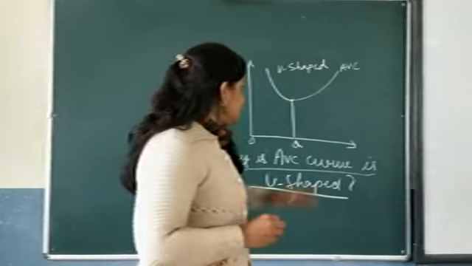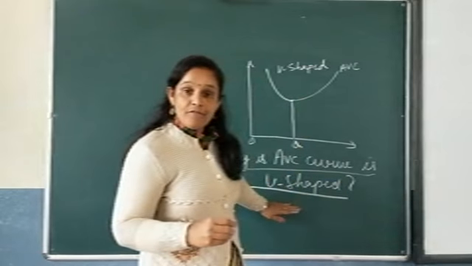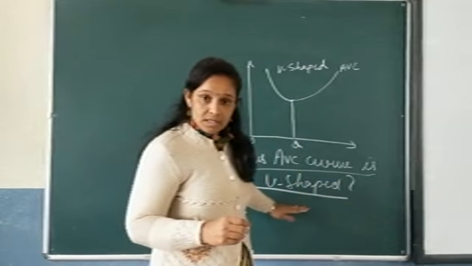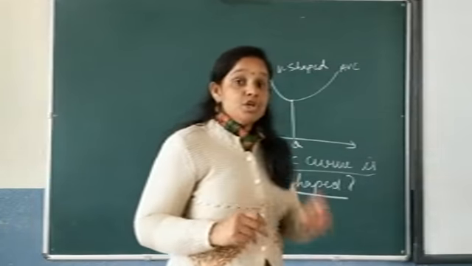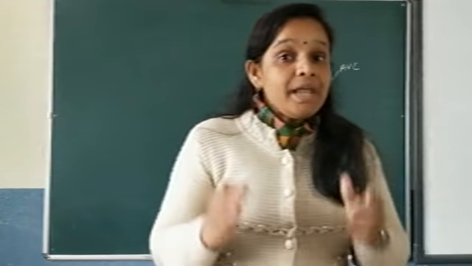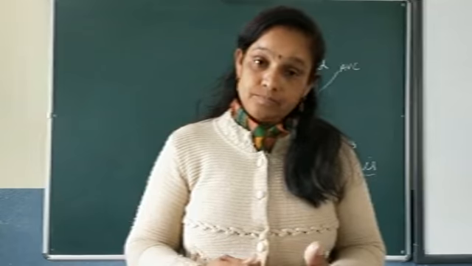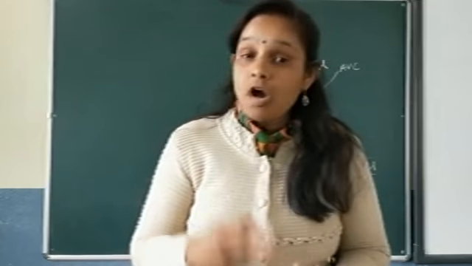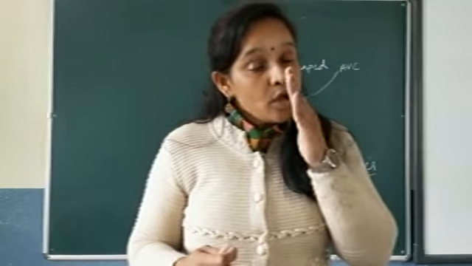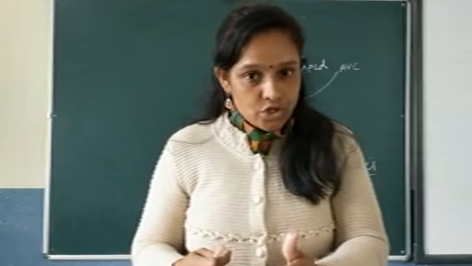The answer: the average variable cost curve is U-shaped due to the application of the law of variable proportion.